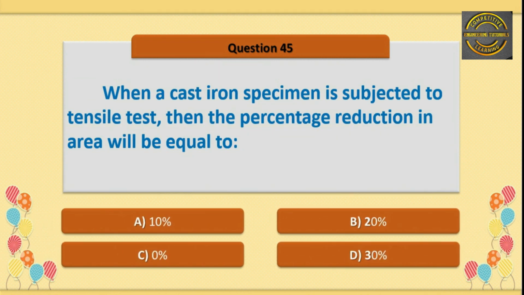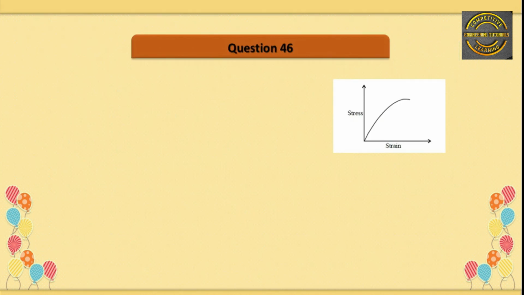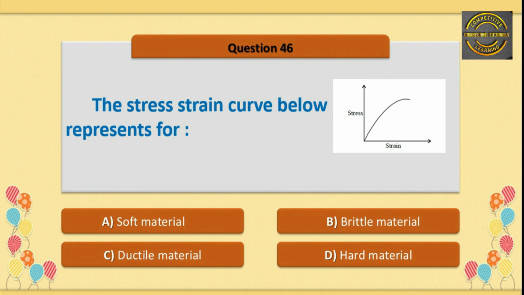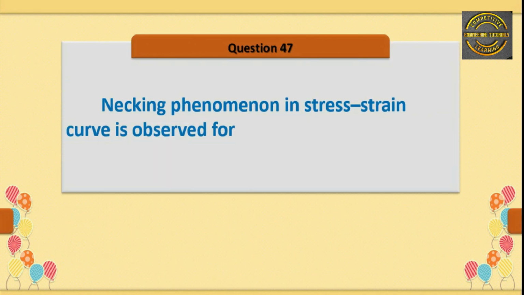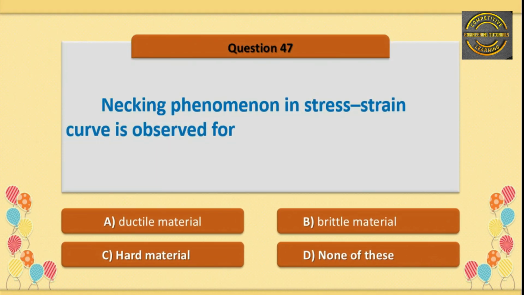When a cast iron specimen is subjected to tensile test, then the percentage reduction in area will be equal to. Option C is correct. 0%. Question number 46. The stress strain curve below represents for. Option B is correct. Brittle material. Question number 47. Necking phenomenon in stress strain curve is observed for. Option A is correct. Ductile material.